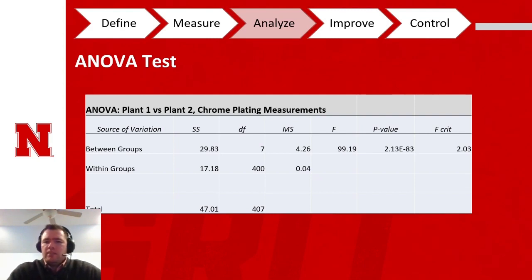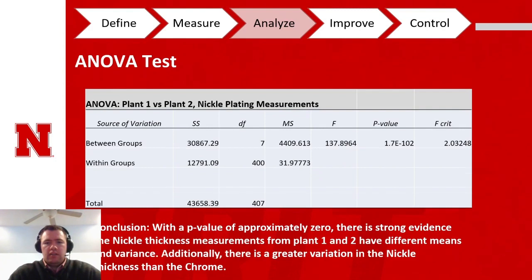And something else to note is we have an e to the negative 80, and that's pretty low. But as we go to our nickel, we can see that the p-value drops even more. So there's even more unexplained variation in the process for nickel than there is for chrome. And Kate will talk a little bit more to that in the other analysis that we did.